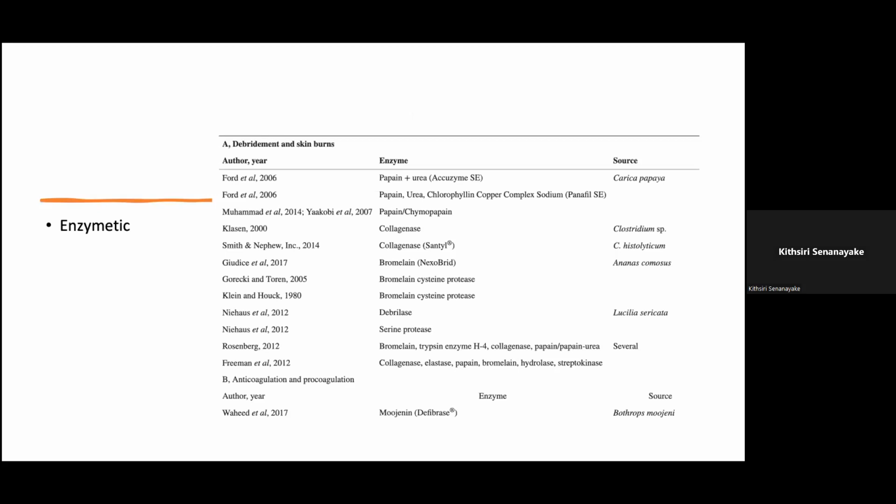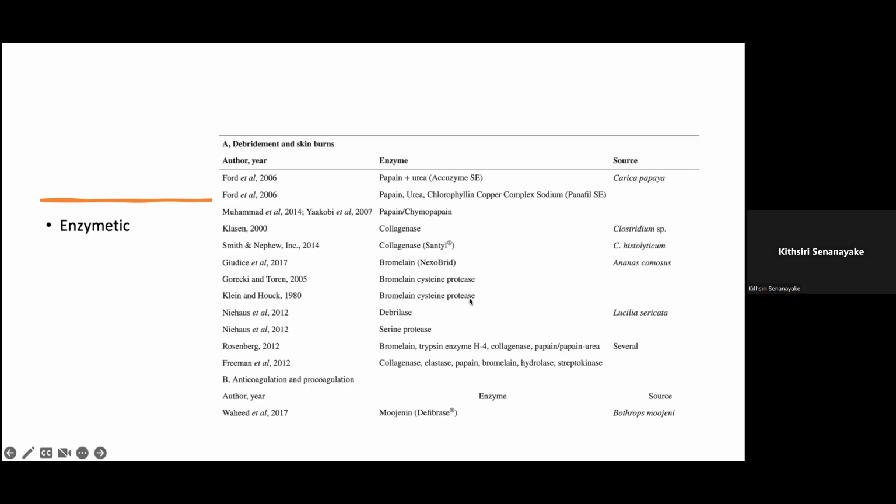So, enzymatic slough removal. There are so many enzymes available to remove the slough. For example, there are commercially available materials like Iruxol, very expensive. However, there is a papain and urea combination cream available. And also there are several types of collagenases.